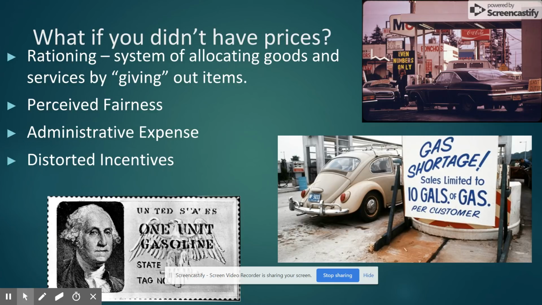No, the price is too low. It creates a distorted incentive. Now the suppliers don't have an incentive to provide gas because the price is too low. If they would just let the price skyrocket, the sellers would move into the market, would flood the market with the item, and eventually the price would come down.